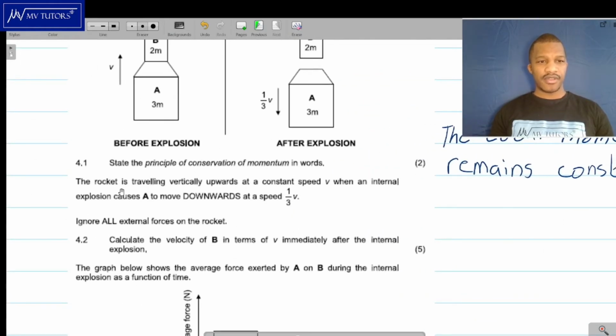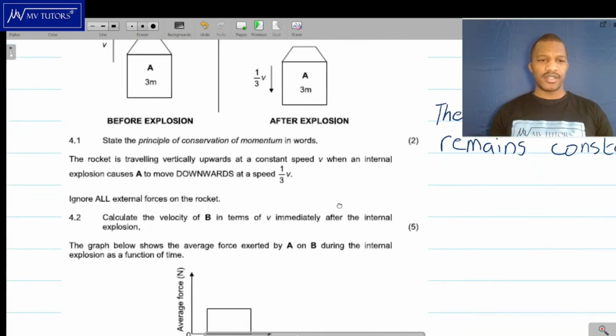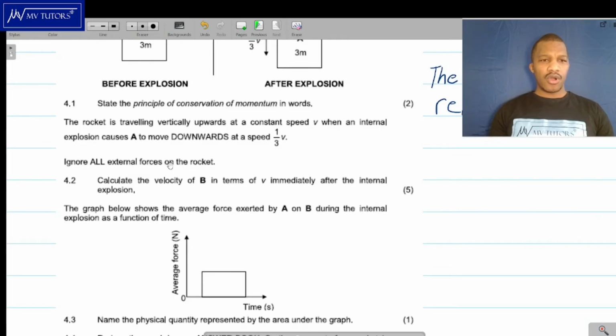Now let's see what the next question says. It says the rocket is traveling vertically upwards at a constant speed v when an internal explosion causes A to move downwards at a speed of a third of v. Okay, so it's demonstrated after here. A moves downwards. Now, ignore all external forces on the rocket.